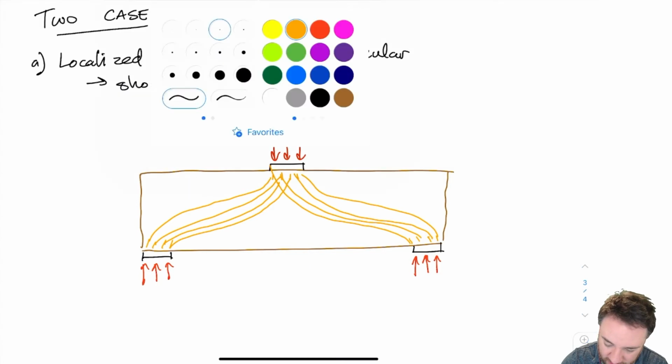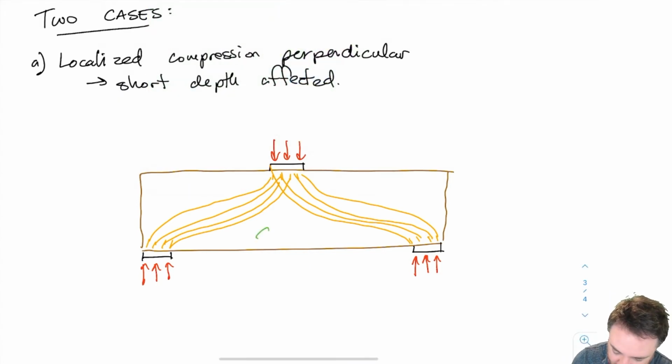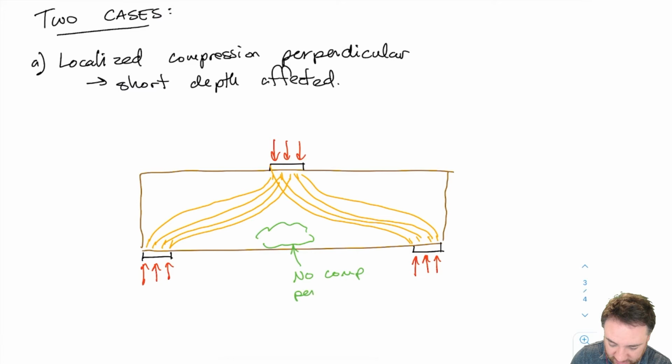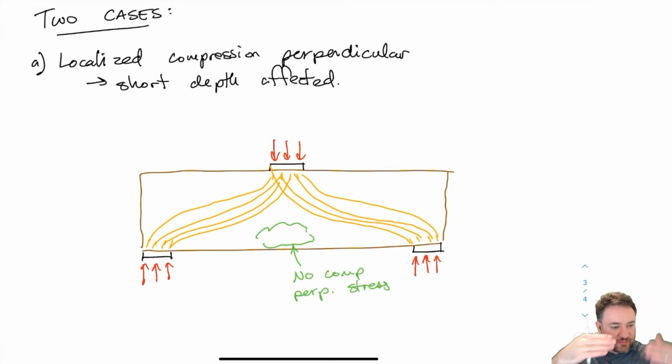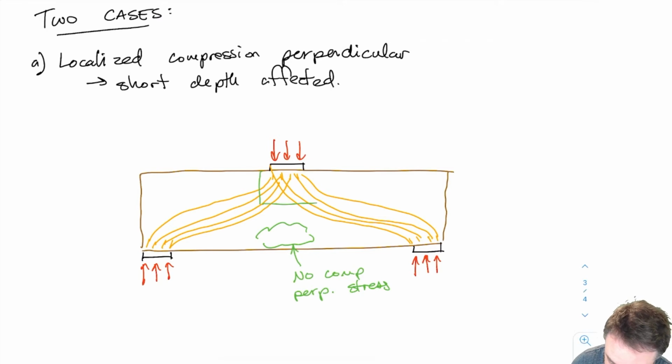Okay, and it ends up getting shared on each side. If we're looking at the bottom of this beam, for example, we know instinctively that there is going to be no compression perpendicular stress here. Down there, there's basically only tension stresses along the length of the beam. So there is some zone underneath this load where we actually have compression perpendicular.